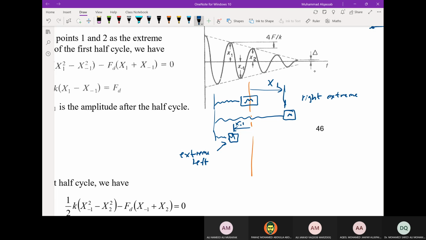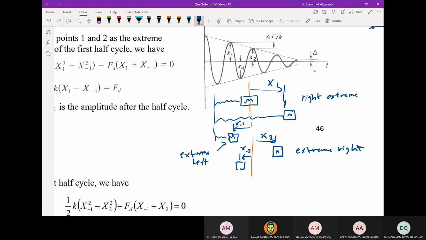And then it will go back to the right and will reach again extreme right with position X2. And then we'll go back to the left and we'll reach an extreme position X -2.